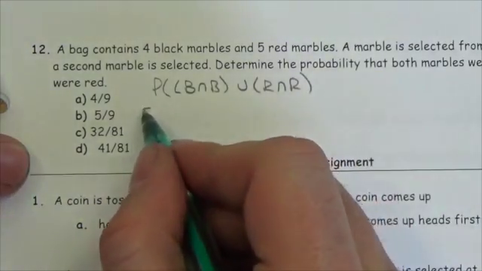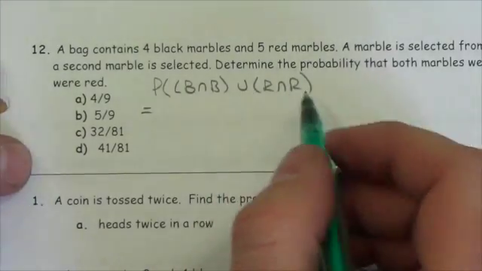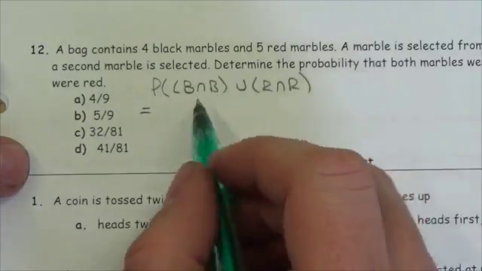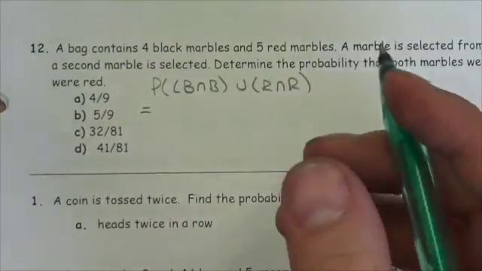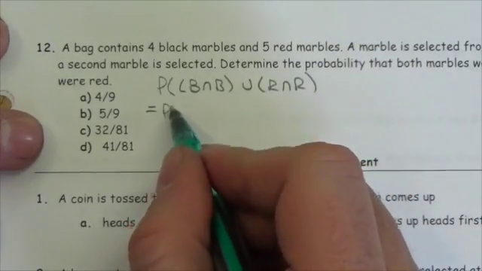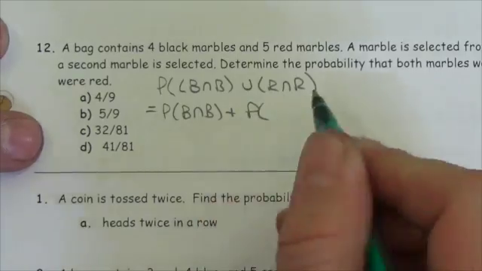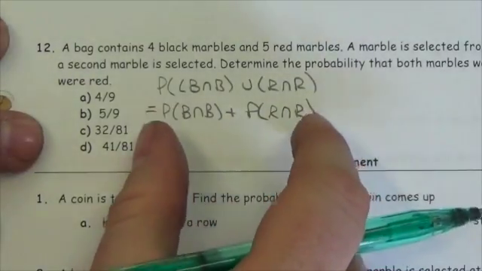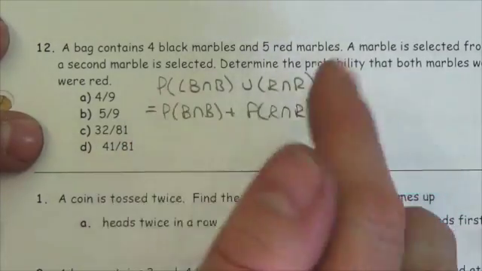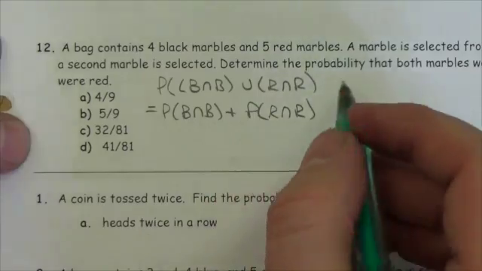Okay, so we got a little bit going on here. So we're talking kind of about events that might be mutually exclusive or not here. Now in this case they are mutually exclusive because you can't have a scenario where they're black and red at the same time. So this is going to be the probability of black and black plus the probability of being red and red. Okay, so that's us taking into account the fact that the events described here, these OR events, are going to be mutually exclusive.